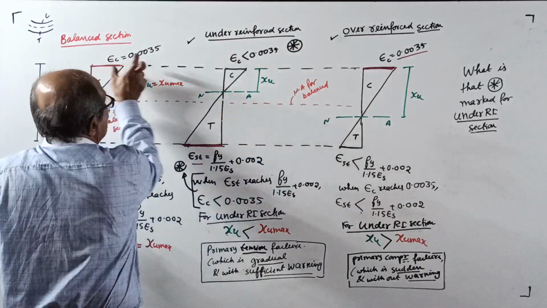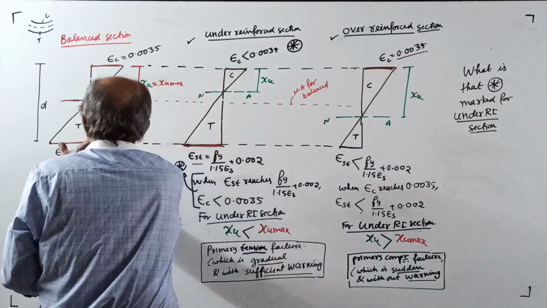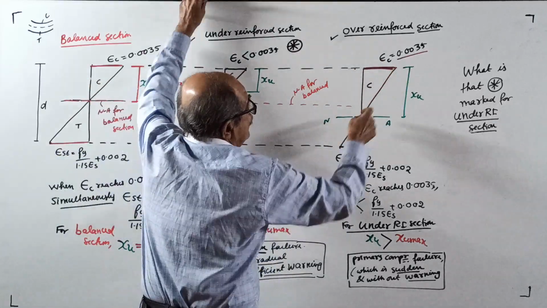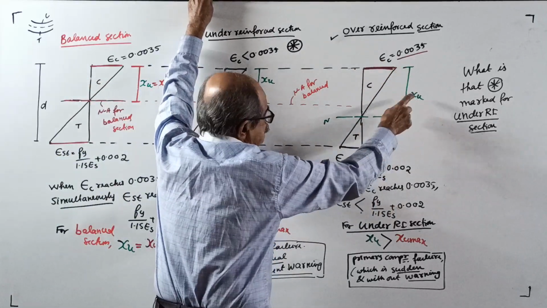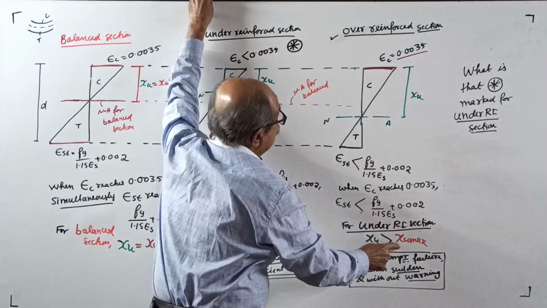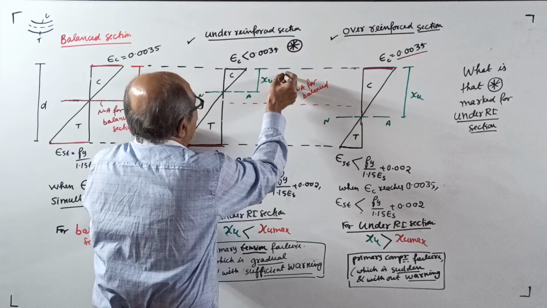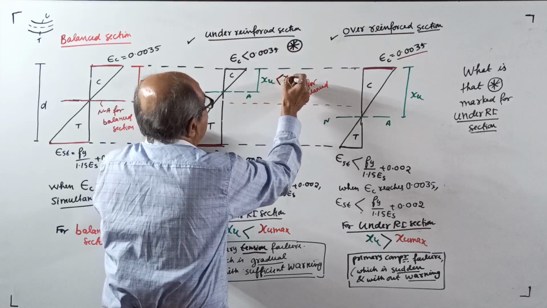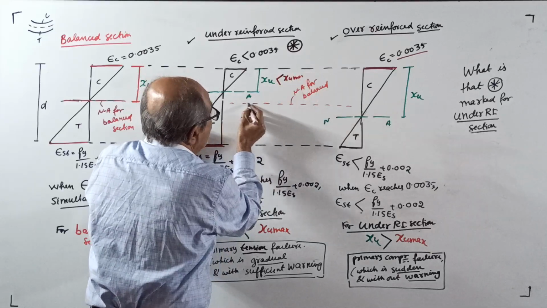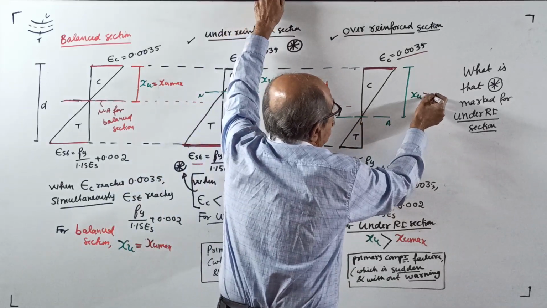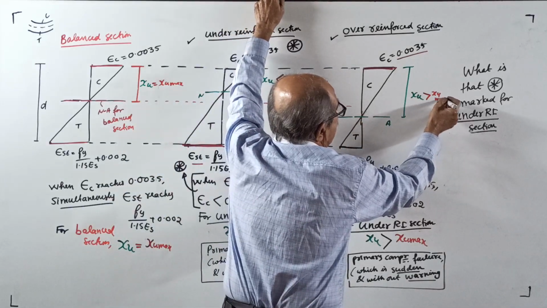Therefore, see, this one will become lesser; join, this is your XU. So your XU will be more than XU max. Here I write once again: this red color is XU max. This XU is more than XU max.